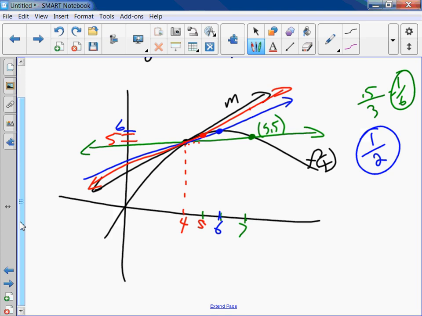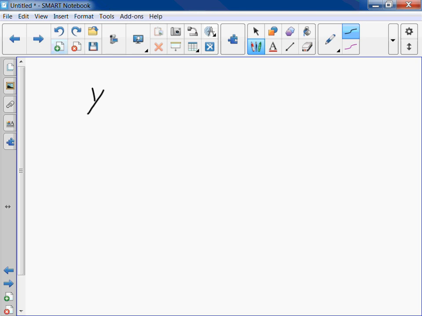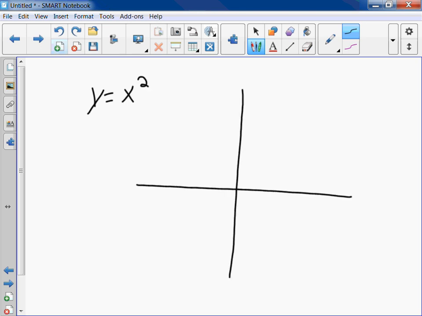Let's pick an equation, something simple, y equals x squared. And I want to find the slope of the tangent line at 2, 4. I want to find the slope of the tangent.